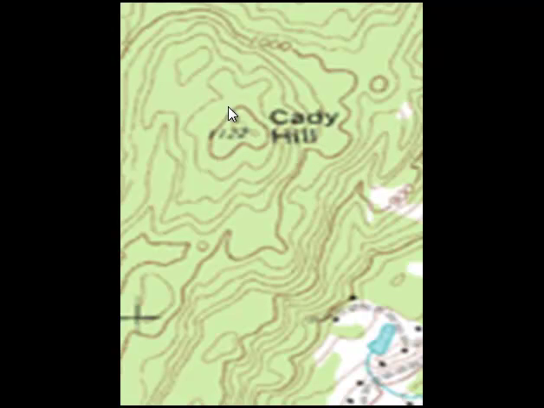However, because it is 1,122, we know that the last contour line represents 1,120. So we're going to take 120 and divide it by 6 because there are 6 contour lines. Then this will give us our contour interval, which equals 20. So now we know that each contour interval and each contour line represents 20 meters.